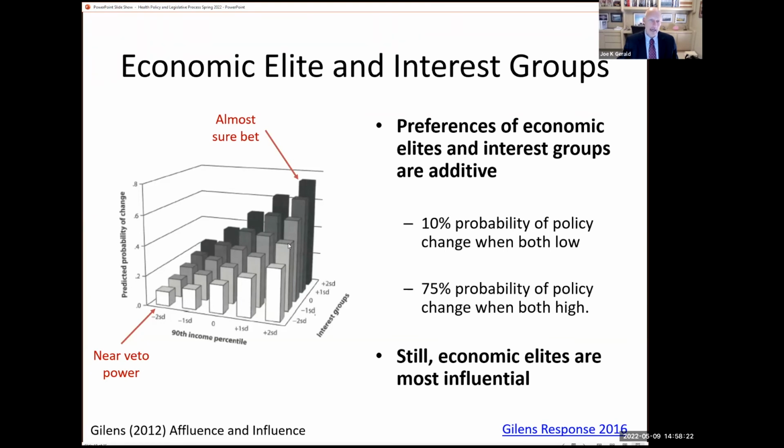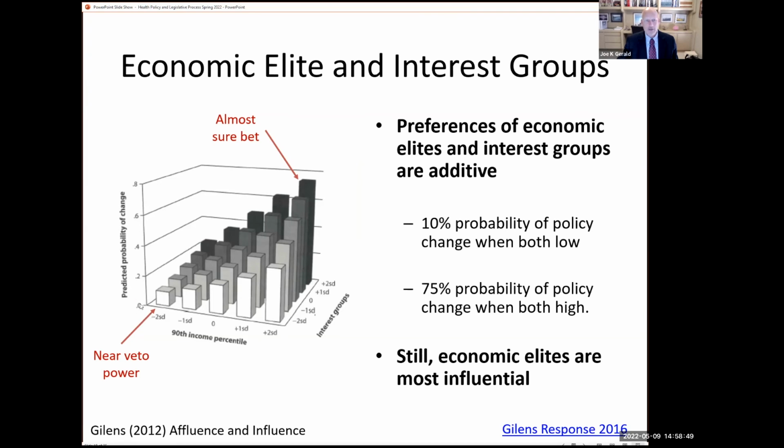And so what we're looking at on this graphic on the left is interest groups. And so when interest groups oppose something, they're down here at the -2 standard deviations. When more interest groups align with the legislation, it's up here in this favorable region. And so what we would expect to see, because interest groups influence legislative outcomes, when interest groups oppose legislation, there's a lower likelihood that legislation will be passed.